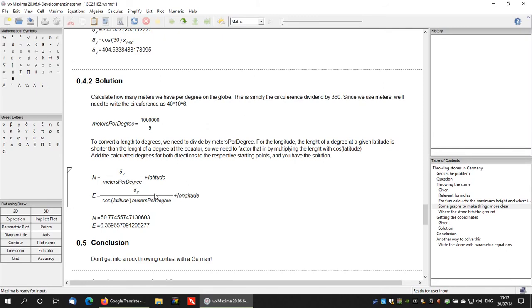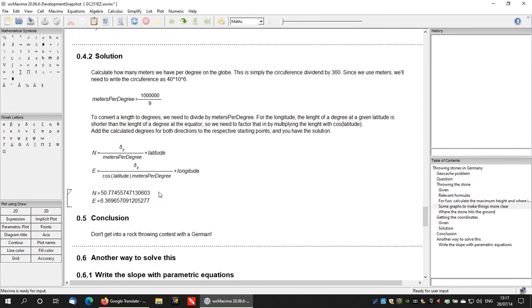For the east it's a bit more complicated because the closer you get to the poles, of course, the fewer meters you get per degree. At the poles it's 0. So you have to multiply that number of meters per degree by the cosine of the latitude where you're at to get the actual meters per degree at that latitude.